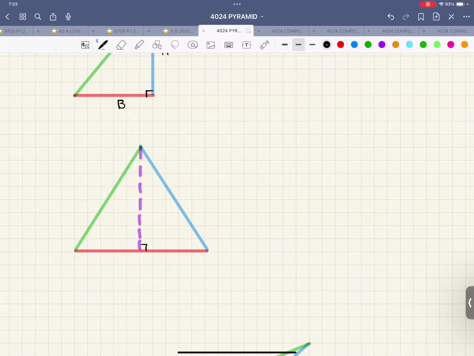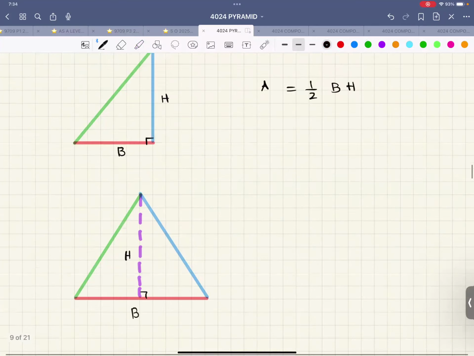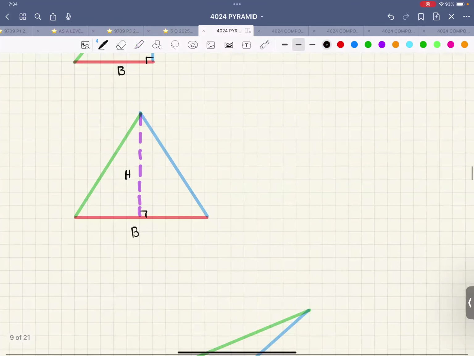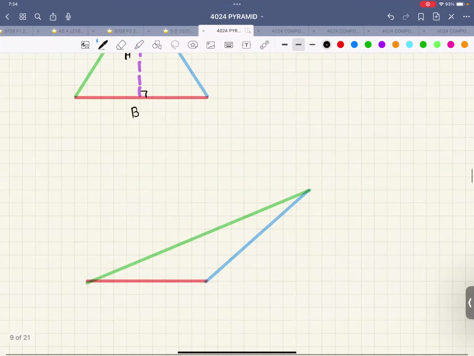Now that's the height, that's the base. It is necessary that height should be perpendicular to base. So now height is perpendicular to base, area is half base into height. Of course, we can also use half AB sine C, but I'm focusing on this thing.